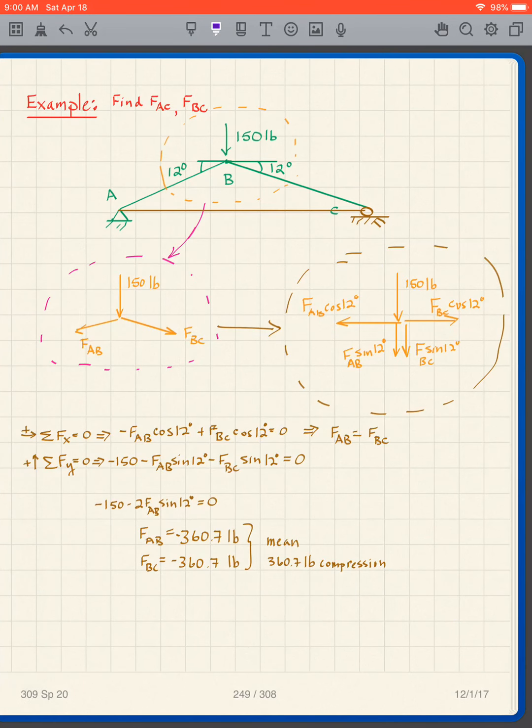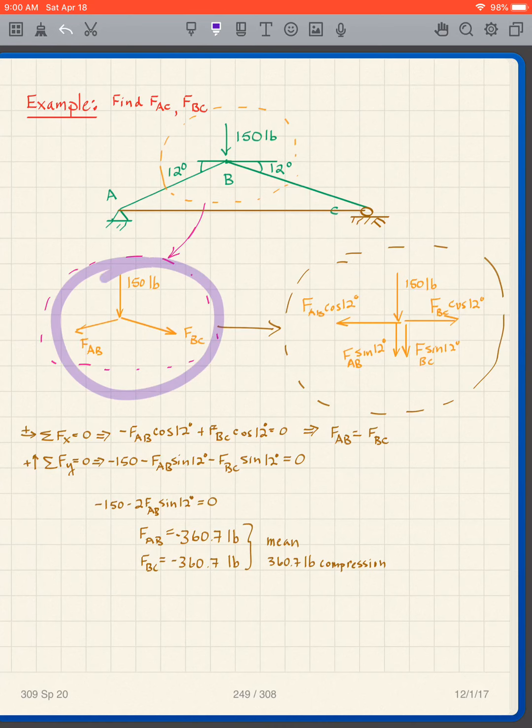Okay, so let me do one slightly different. Well, this is the same problem, I guess. So now this is 12 degrees, this is 150 pounds. It's the same problem. I'm not going to go through it in detail.